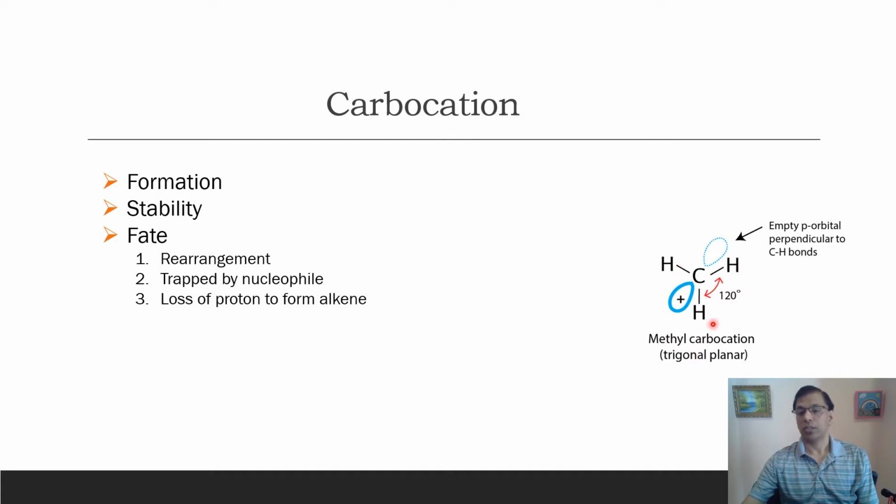All the CH bonds are in the same plane, and I've drawn this p orbital, which is empty. So the most important thing to remember is all carbocations do have an empty p orbital.